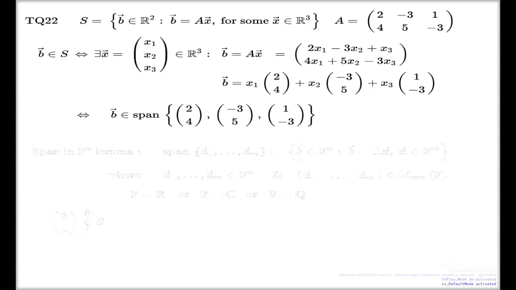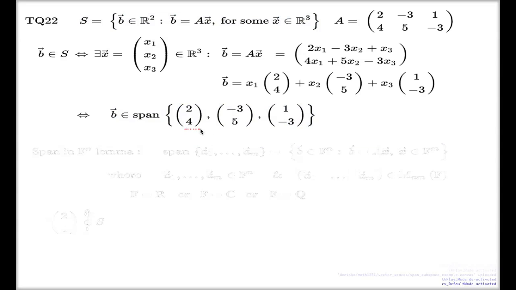Or effectively, I can just say that this S, which was originally constructed in a different way, as a collection of all vectors which are the result of multiplication of a three-dimensional vector by the fixed matrix A, is a span of these three vectors.